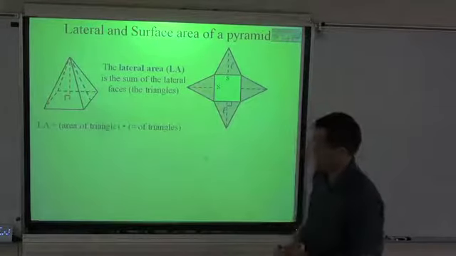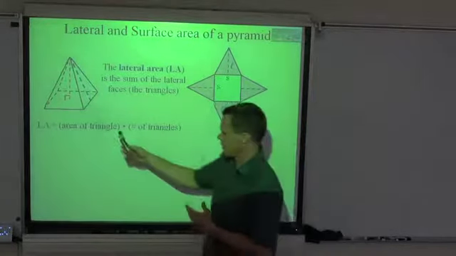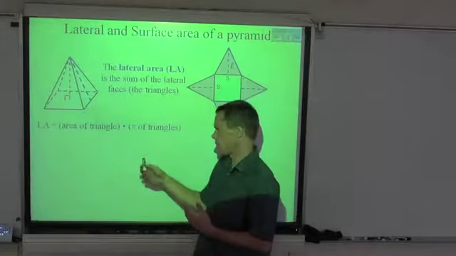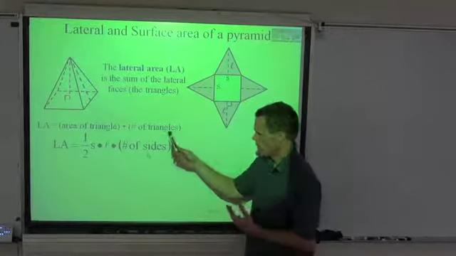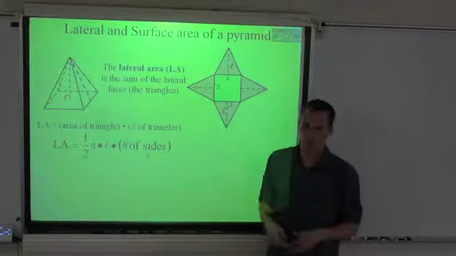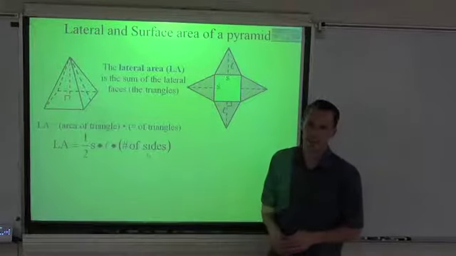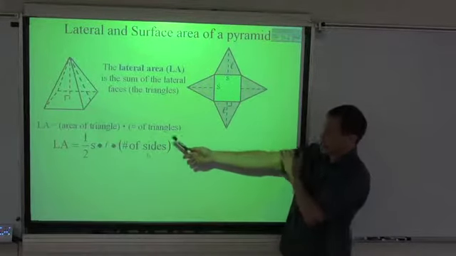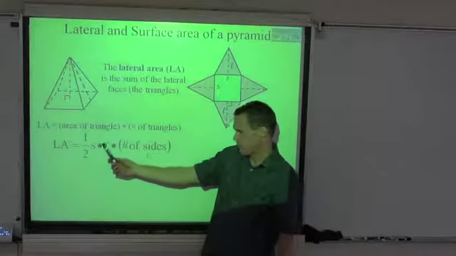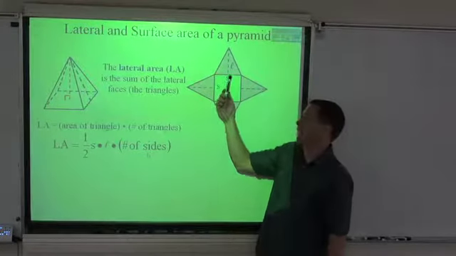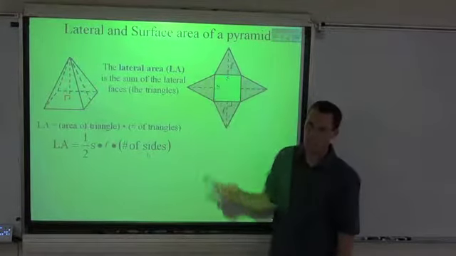So we could say that the lateral area is the area of the triangle times the number of triangles. Well, the number of triangles just happens to be the number of sides. So let's replace that. And according to this picture, the area of the triangle is 1/2 base times height: 1/2 side times slant height.